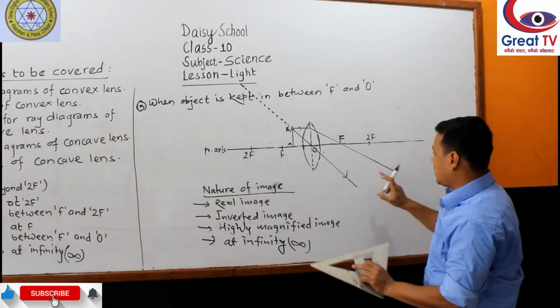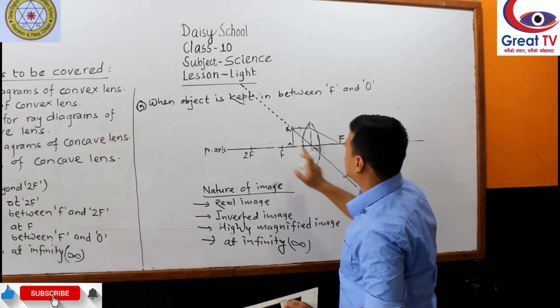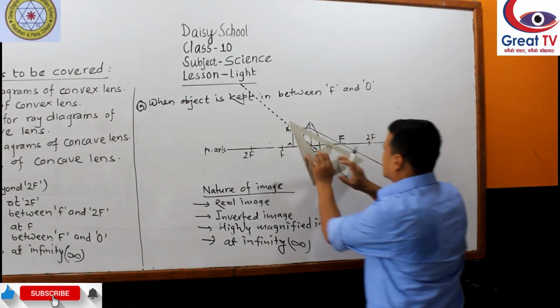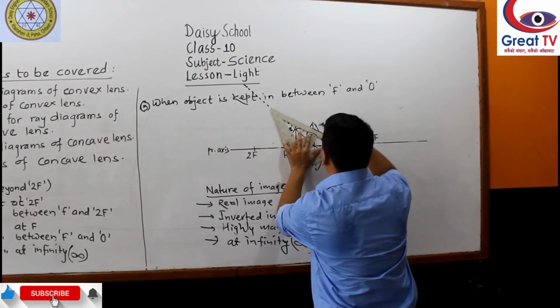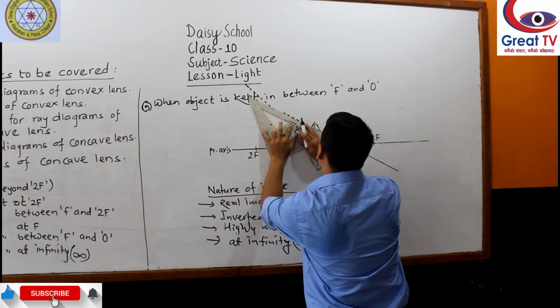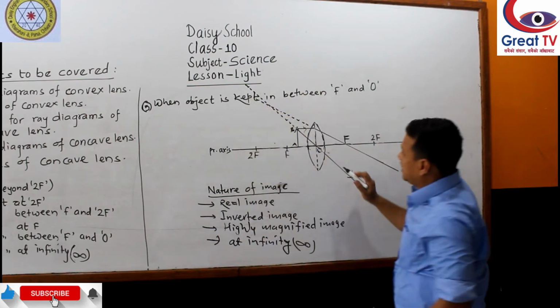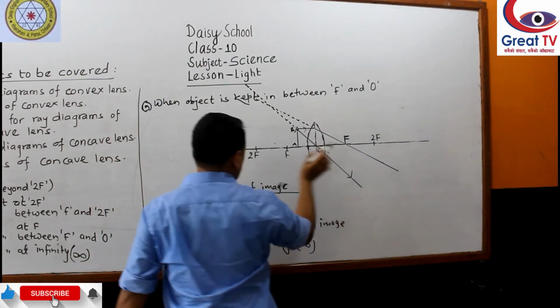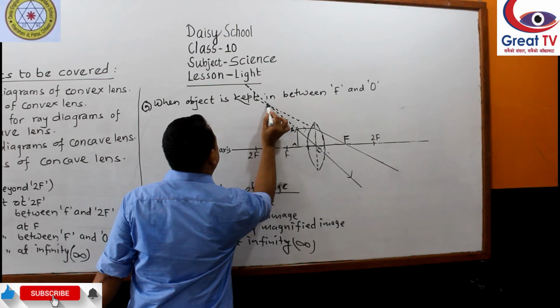If I extend this light ray backward, and similarly this light ray also, then we find that the two light rays intersect at this point.